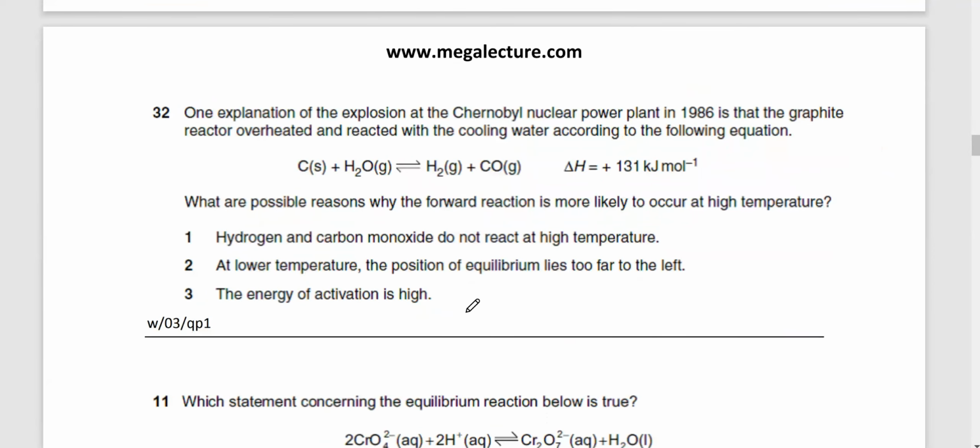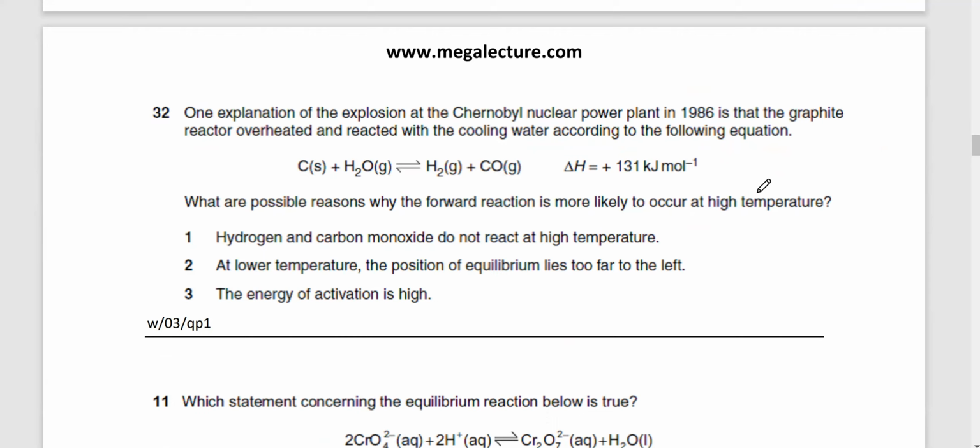Now this reaction. What are possible reasons why the forward reaction is more likely to occur at higher temperatures? At lower temperature, the position of equilibrium lies too far to the left.